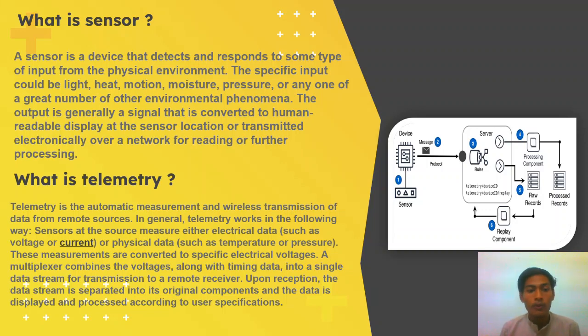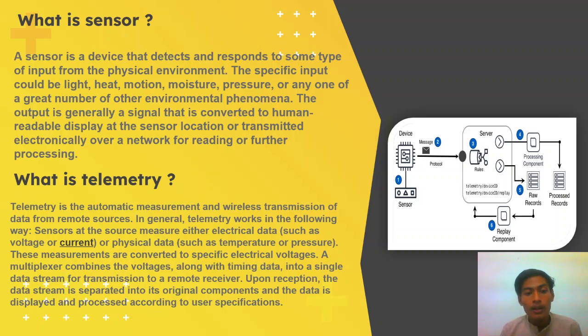So, what is telemetry? Telemetry is the automatic measurement and wireless transmission of data from a remote source. In general, telemetry works in the following way: the sensor at the source measures electrical data such as voltage or current, or physical data such as temperature or pressure.